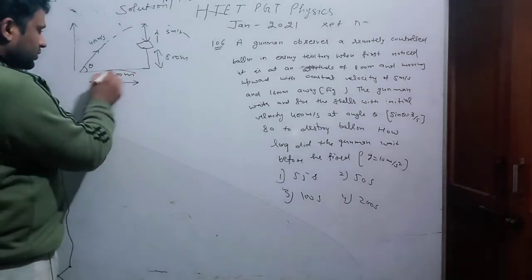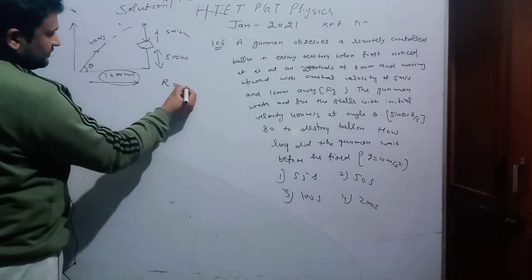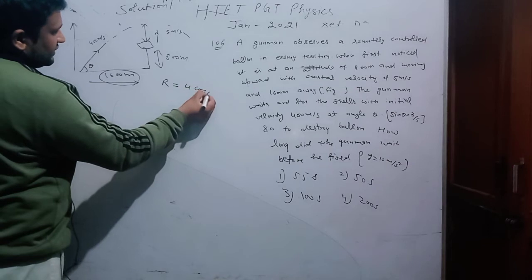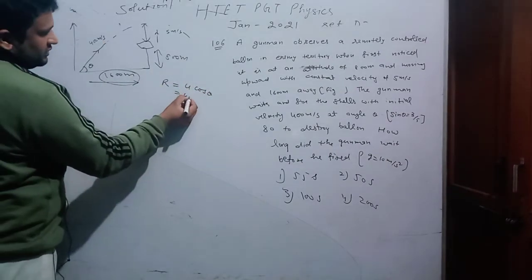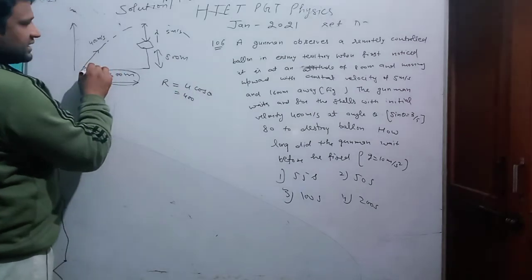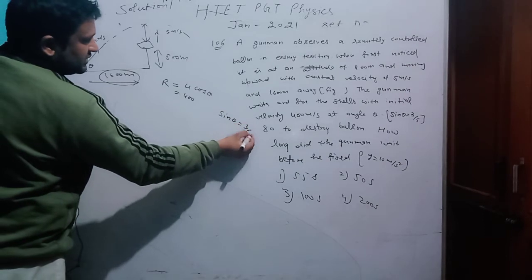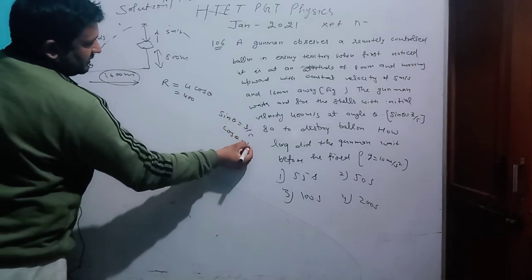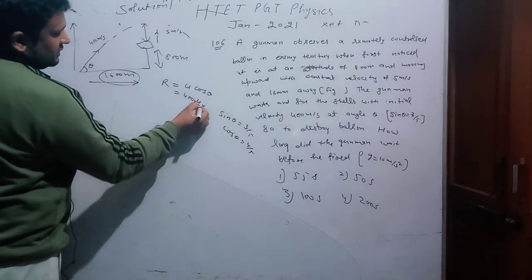So for horizontal motion the distance is r, and u cos theta is the horizontal velocity, that is 400 into cos theta. Sin theta here is 3 by 5, then cos theta is 4 by 5.